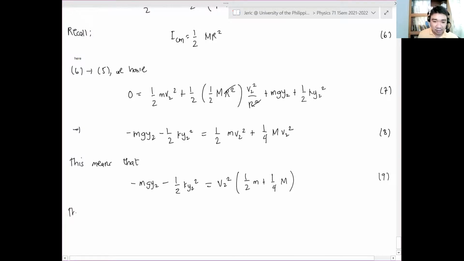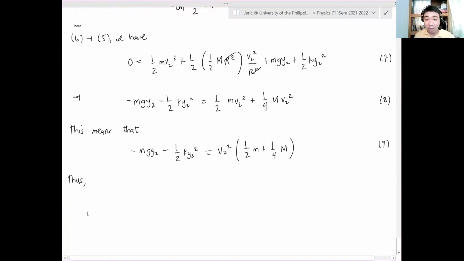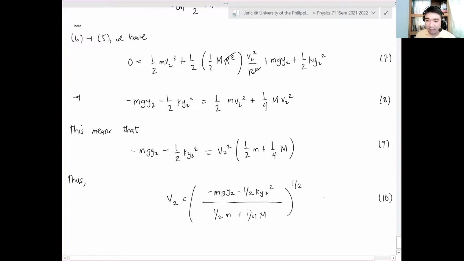And thus, solving for V2, we get V2 equals the square root of minus mgy2 minus 1/2 k y2 squared, all over 1/2 m plus 1/4 capital M, raised to 1/2. So this is our expression for the velocity that we need.